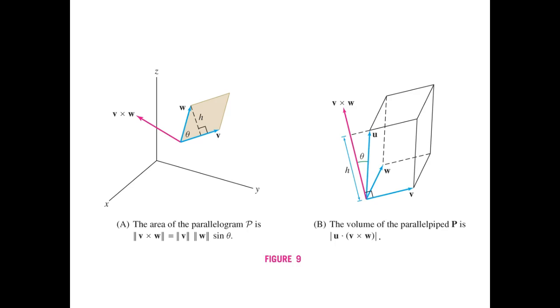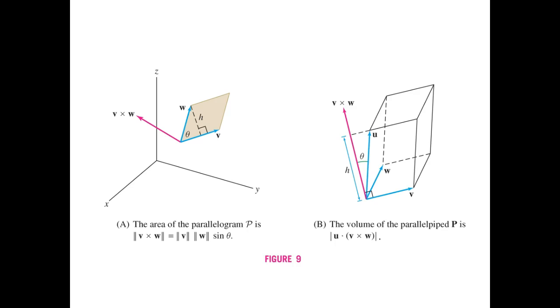Let's say we have a parallelepiped. What does that mean? Well, this is a picture of it. If you have u, v, and w here, three vectors, they form what they call a parallelepiped.